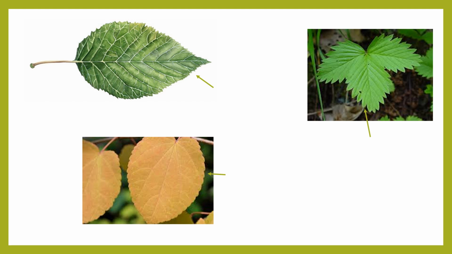When you see the teeth of the margin directed into the apex, this is the apex of the leaf, so when you see the tooth point goes toward the apex, you can say this is serrate margin.